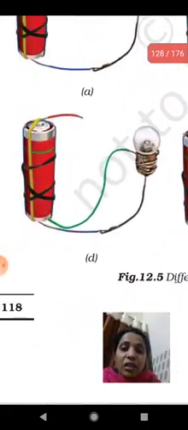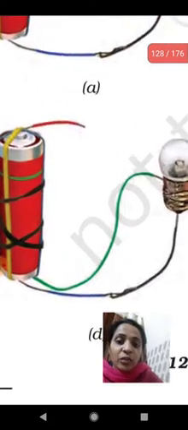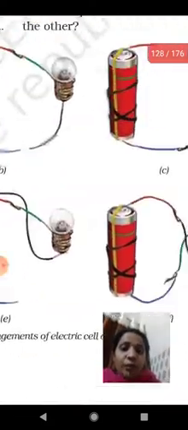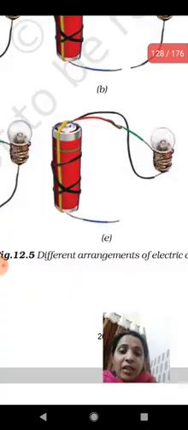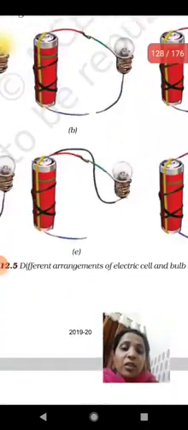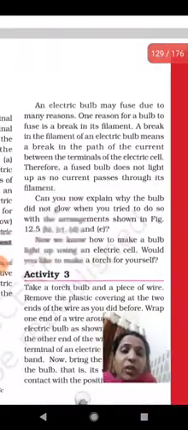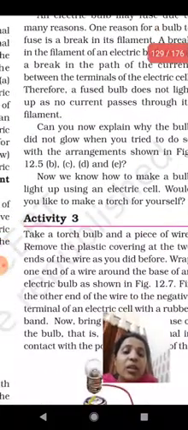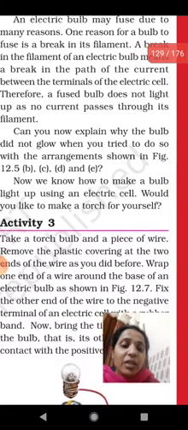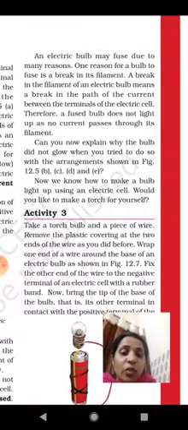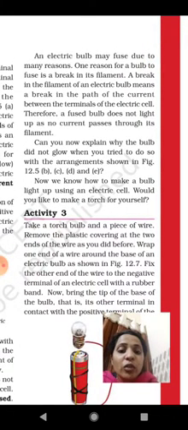D, where is the D? Yeah, again see here the attachment is not proper, and again here. See, if this type of attachment is done, then the current will not pass through the filament, and the bulb will not glow.